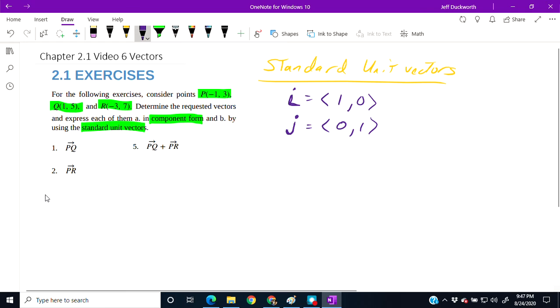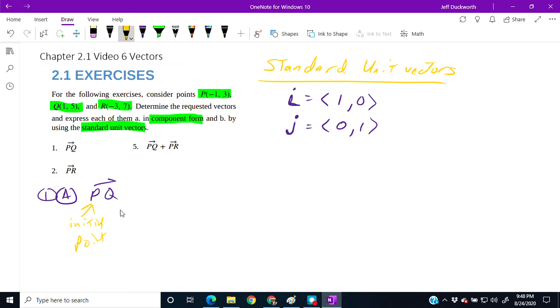Well, let's try to do the first one here, and we'll do part A, which is just going to be the component form. So PQ, written this way, illustrates P is the initial. So this is our initial point. And Q is the terminal point. Okay.